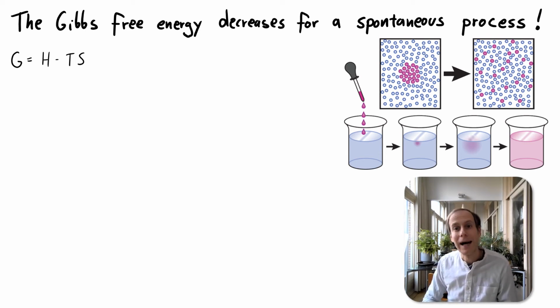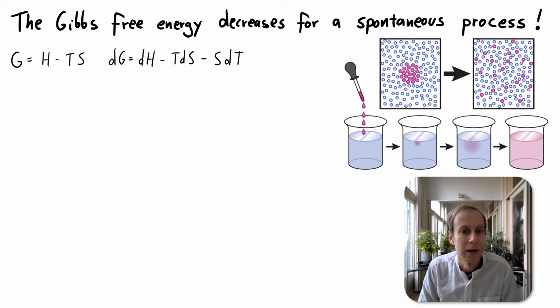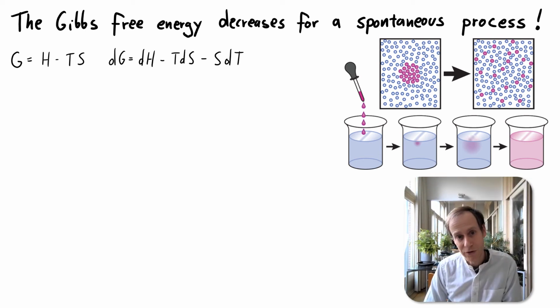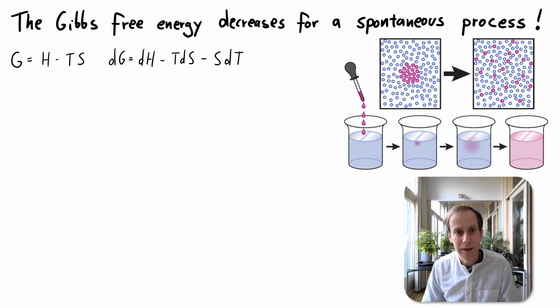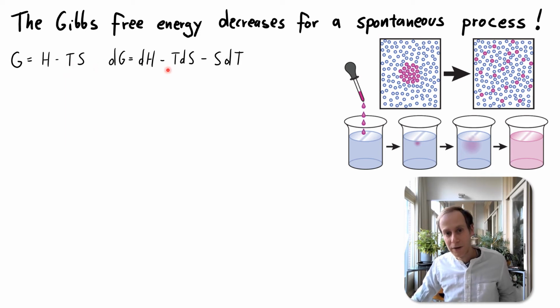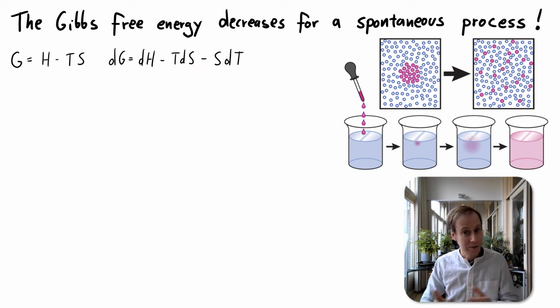So if we want to calculate a change of the Gibbs free energy, we can do this as follows. We take an infinitesimal small change of G, and then we just take an infinitesimal small change of H and subtract TdS minus SdT. We once again have applied the product rule here.